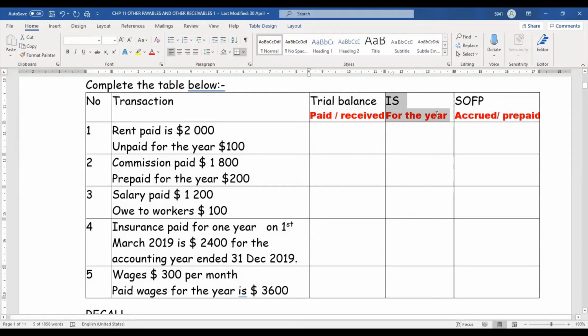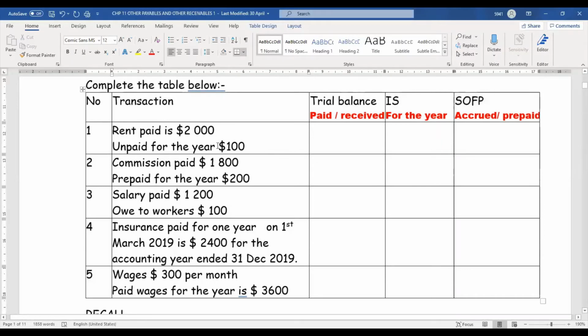How much for that particular year. And in the statement of financial position, normally we will write accrued expenses and prepaid expenses. Accrued or prepaid income or expenses will be written in the statement of financial position.